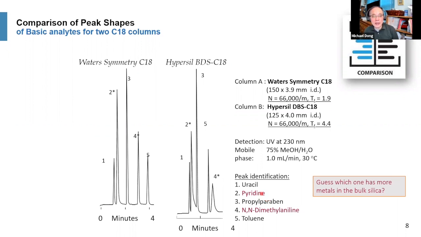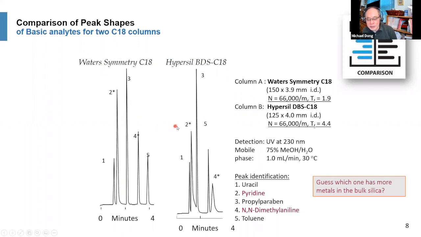I did that in the 1980s when I worked for PerkinElmer. We compared two columns. One is called HPLC BDS C18, made by a company in England. This was a very popular silica support in England. And the other one is Waters Symmetry C18.